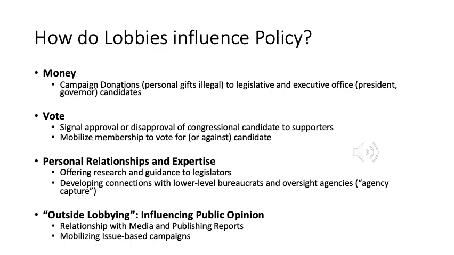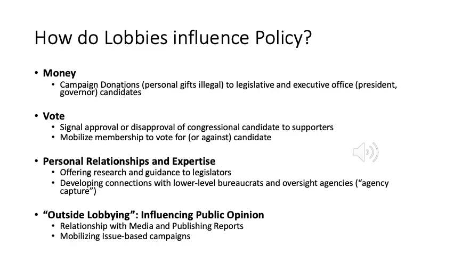So a lot of lobbies or interest groups will have publications where they signal approval or disapproval of particular candidates to their supporters. And they'll say, we support this candidate, we do not support this candidate. Connected to that, they will seek to mobilize their membership to vote for or against certain candidates. Lobbies with very large memberships tend to be most effective at the vote strategy.